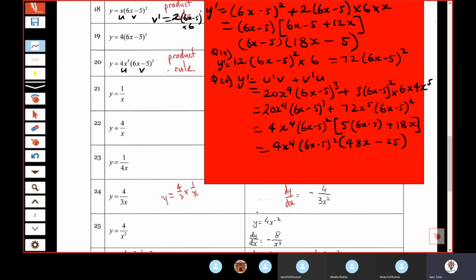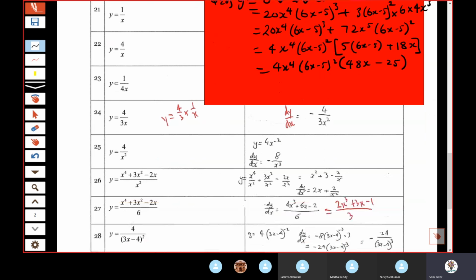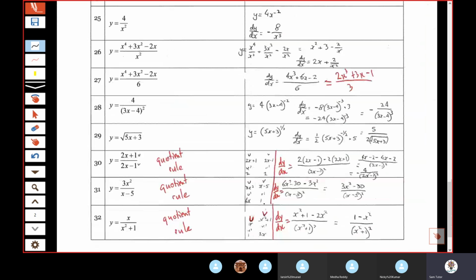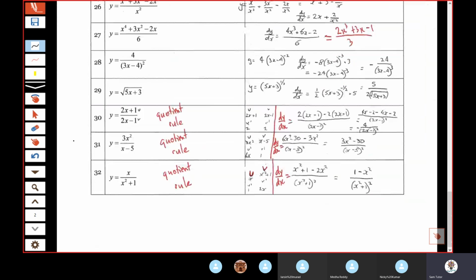Alright, I want to jump into some of these quotient rule questions. Maybe we'll do these last few.